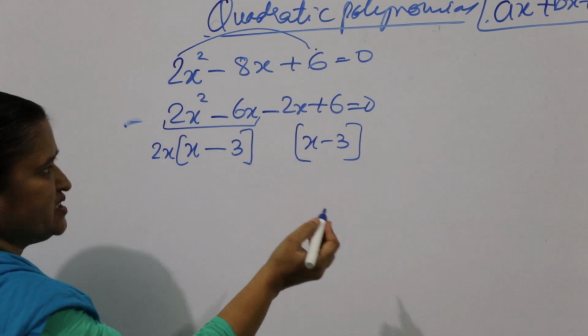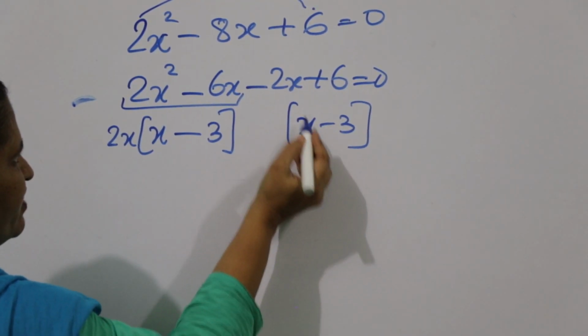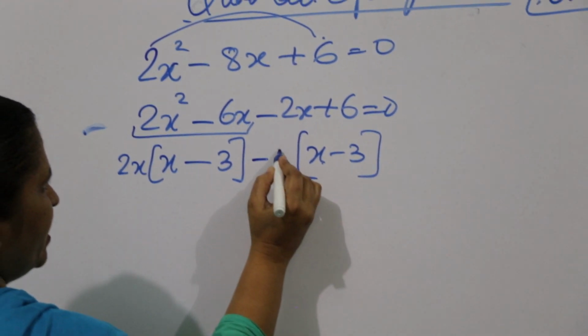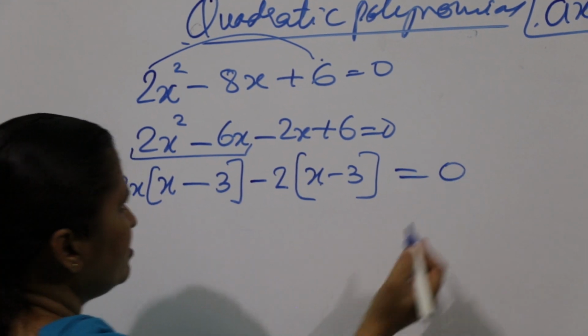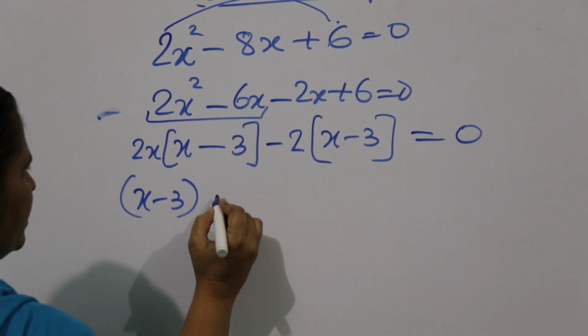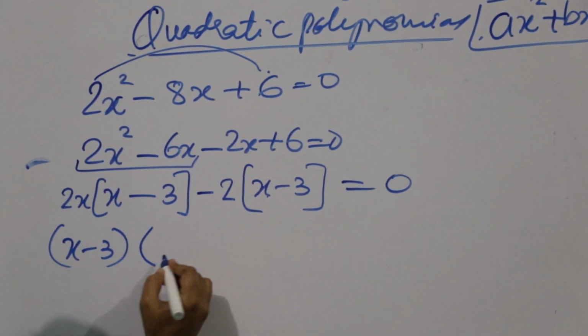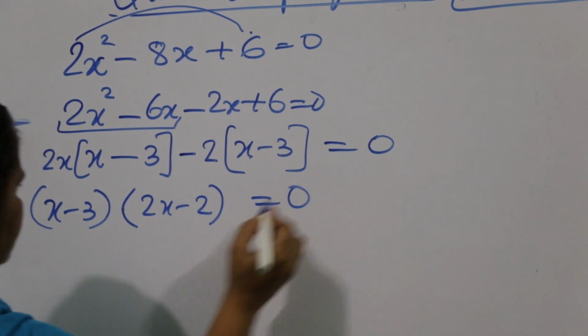This is for easy understanding. By multiplying which number do we get minus 2x? You have to get minus 2. So we have x minus 3 times 2x minus 2 equals 0.